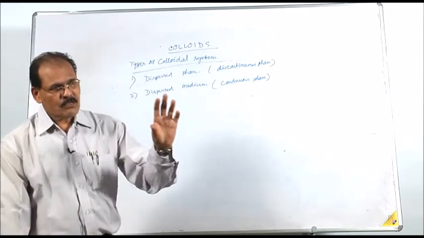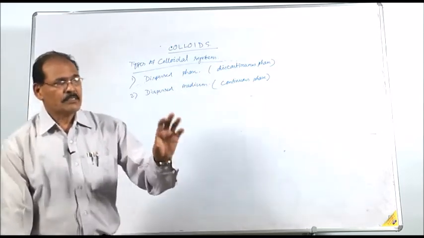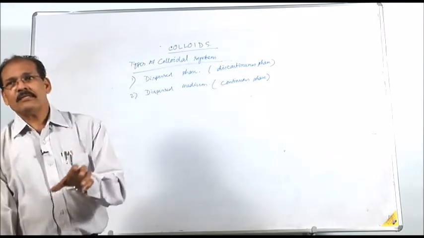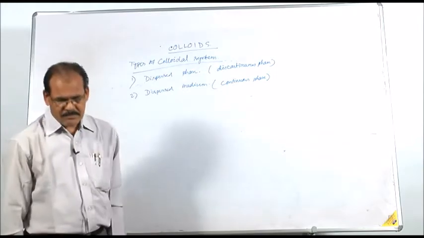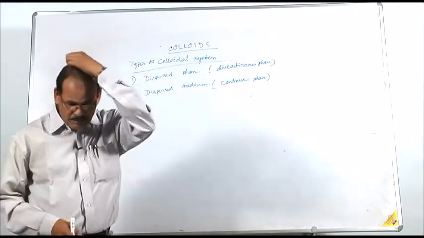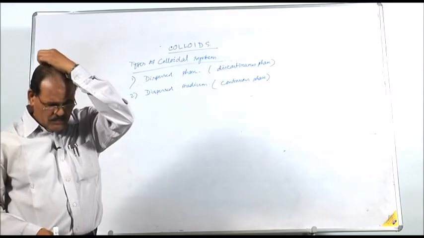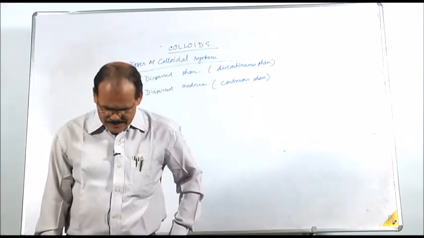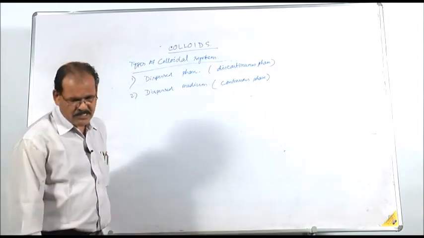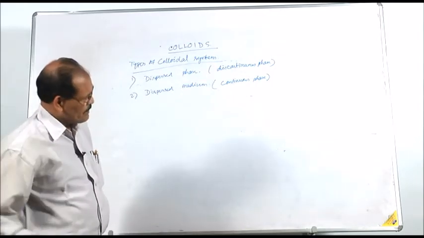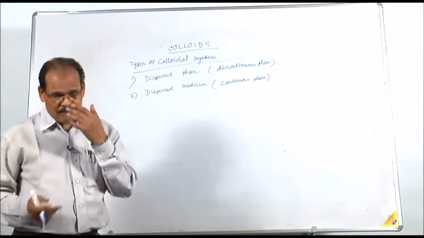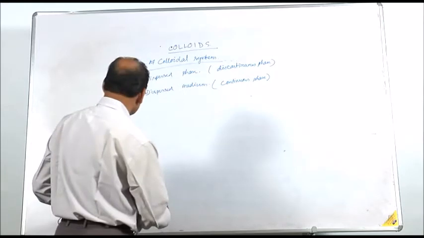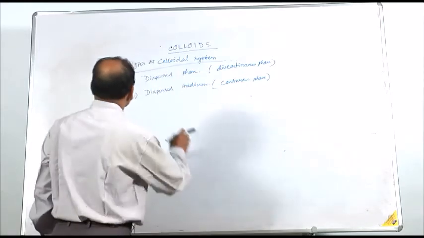The colloidal particles are in one phase, either solid or another phase, and the medium is either liquid or gaseous phase, or whatever the quantity is more. That means two things are available for this colloidal system. Depending upon dispersed medium and dispersed phase, we can have so many things in our day-to-day life.